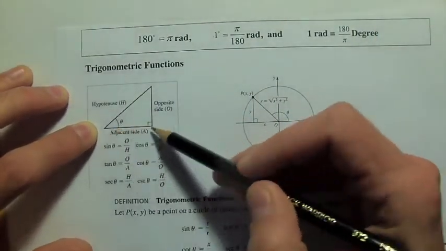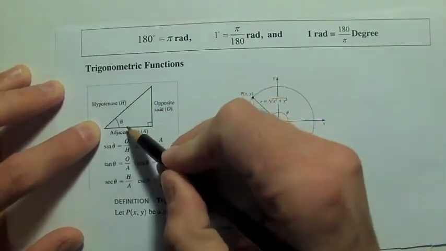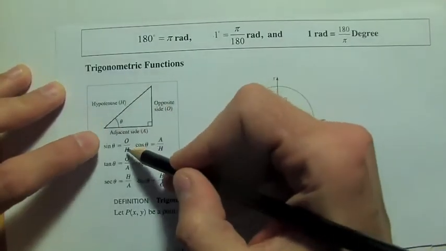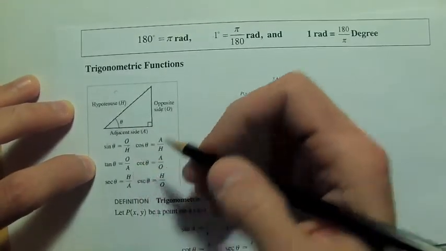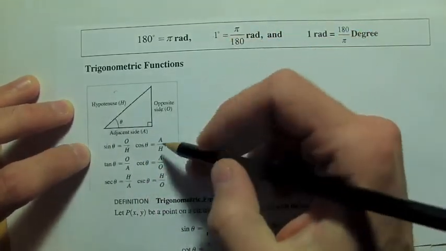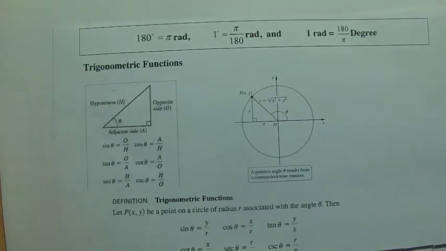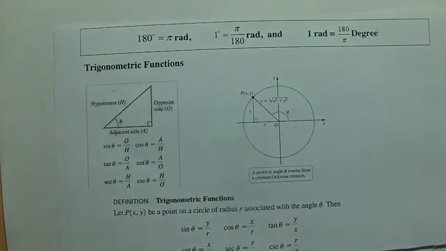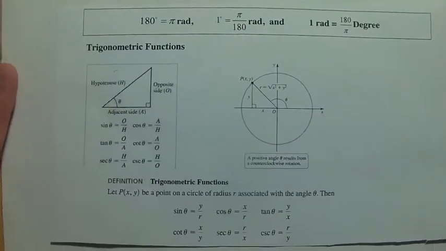If you have the adjacent side, the opposite side, and the hypotenuse, sine of theta is opposite over hypotenuse, tangent of theta is opposite over adjacent, cosine is adjacent over hypotenuse. These are the things that most people recognize as the trig definitions.